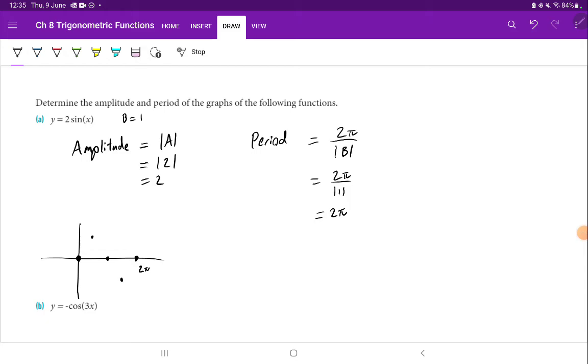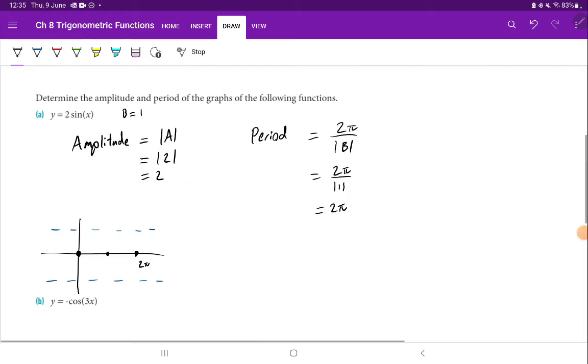Now, since the amplitude is 2, that means the maximum is going to be at 2, and the minimum is going to be at -2. Okay? So where do these key values happen? So we go middle, up, middle, bottom. And this is equal to 2, and this is equal to -2.